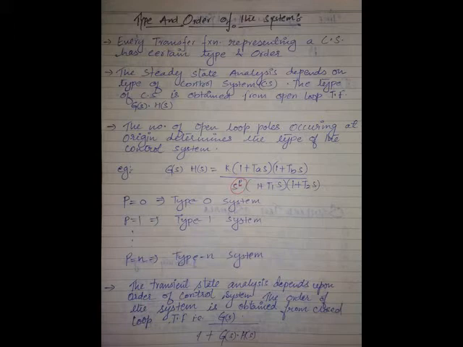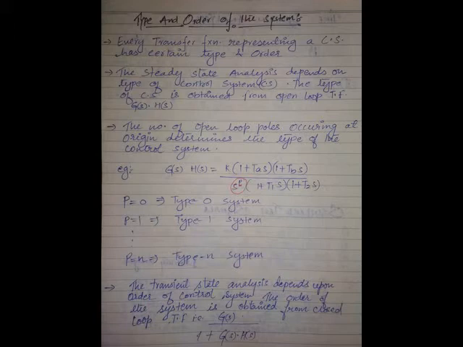So you see, say the open loop characteristics of a control system are of the form K into (1 plus TAS) over s power P into (1 plus T1s). The type of a control system depends on the open loop transfer function characteristics by observing the number of open loop poles occurring at origin.